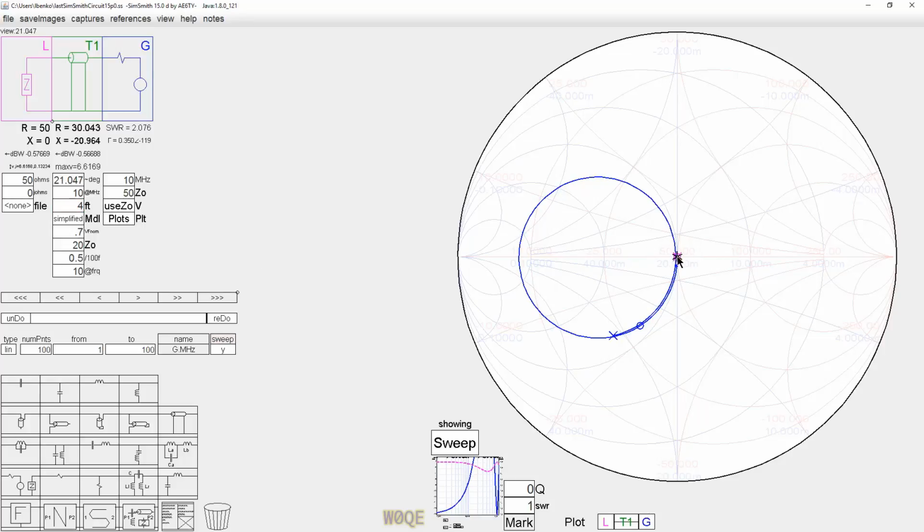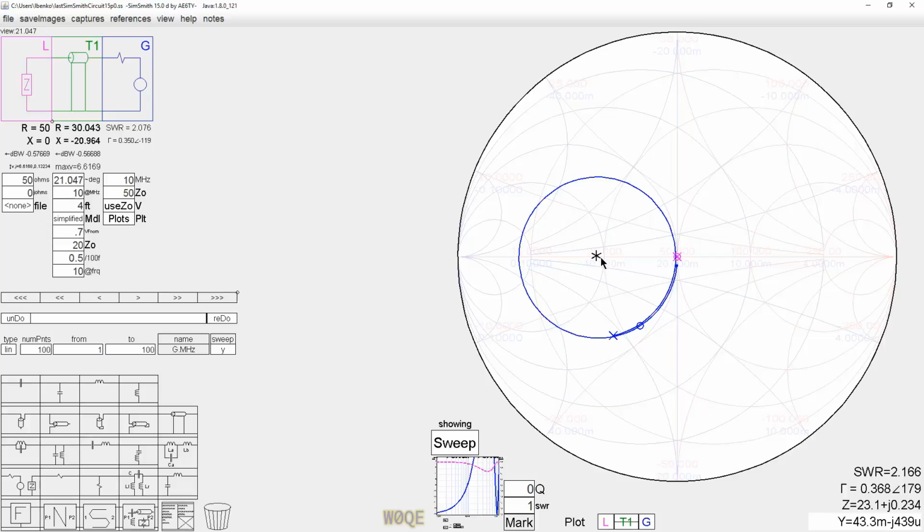So what we see here is a rotation to the low impedance side of 50 ohms. So we know that this transmission line has an impedance less than 50 ohms. If we'd like to know exactly what it is, it's not the center of this. I think I've discussed that a couple times in videos before.